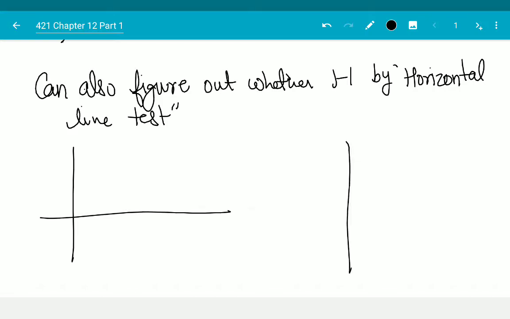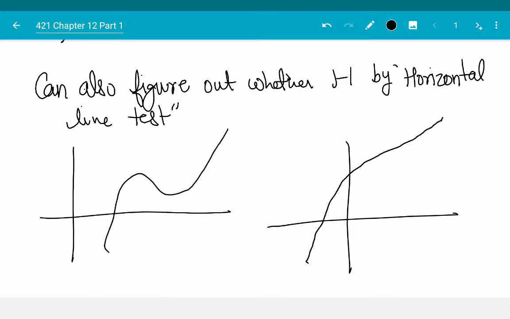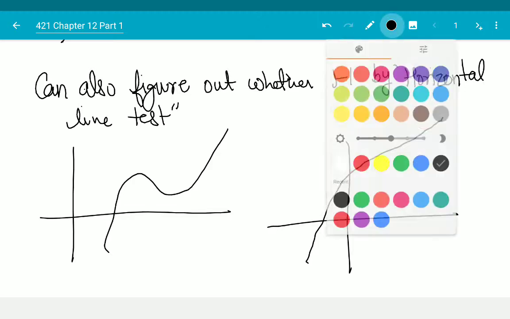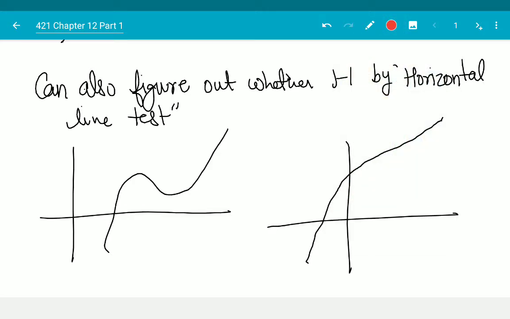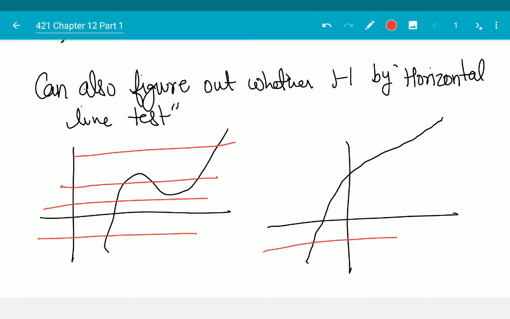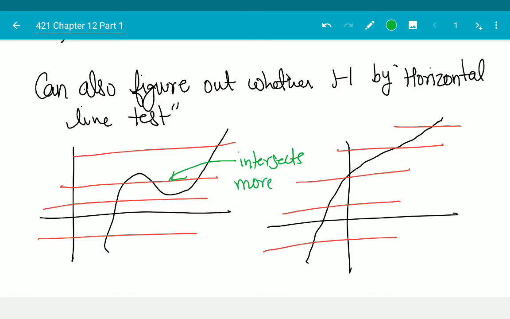Suppose I have a function like this, compared to a function which is like this. Then I can figure out if the function is 1-1 or not by drawing a horizontal line. And if any horizontal line crosses the graph multiple times, then the function is not 1-1. So in this case, it intersects more than once.